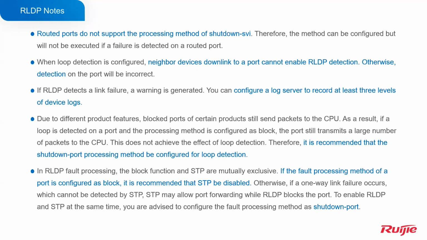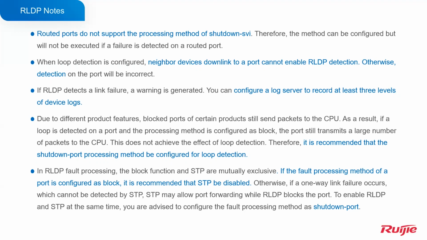If RLDP detects a link failure, a warning is generated. You can configure a log server to record at least 3 levels of device logs. Due to different product failures, blocked ports of certain products still send packets to the CPU because we just blocked the packet, but the state of this port is still up.